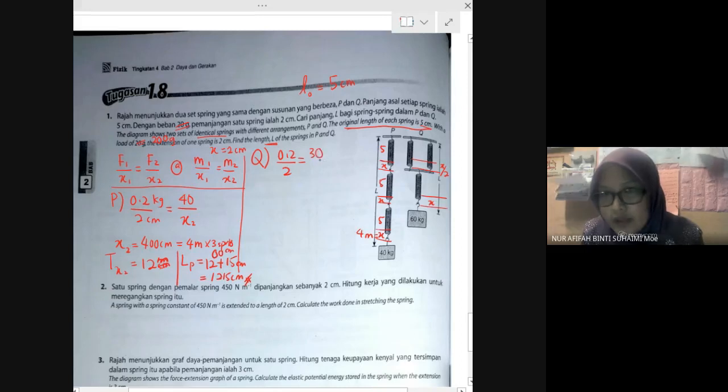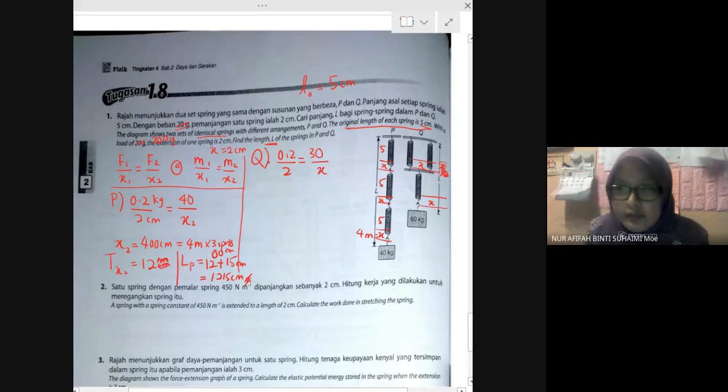So it will be 60 kilogram over X. Now we want to find the X. The X here. Okay. Right.